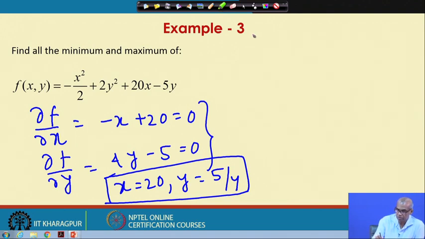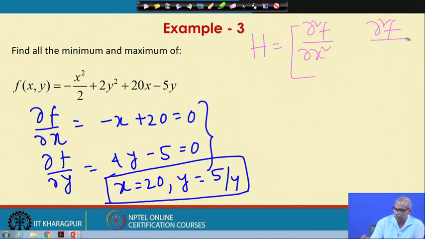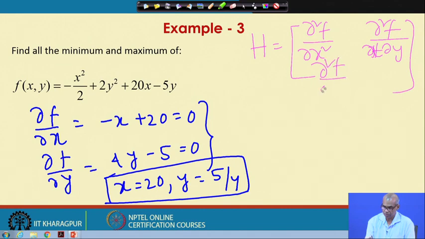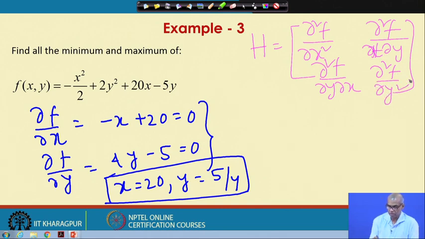So, again let us take the Hessian matrix: del square f del x square, del square f del x del y, del square f del y del x, del square f del y square. If you evaluate this, it will be minus 1 and then 0.